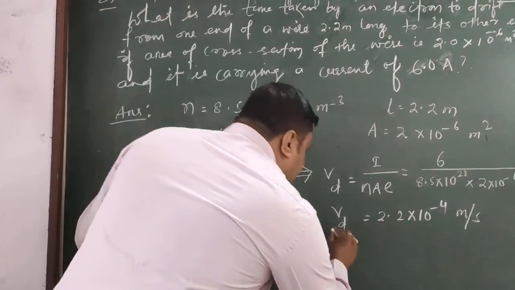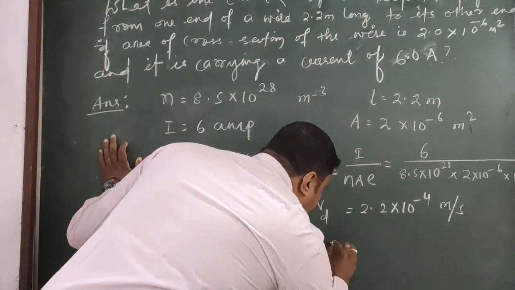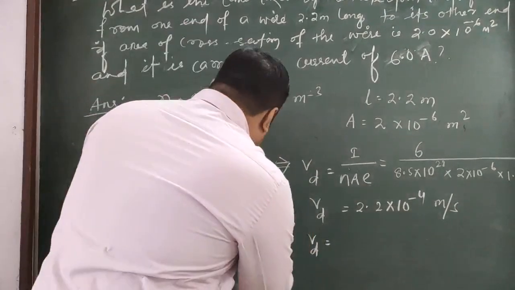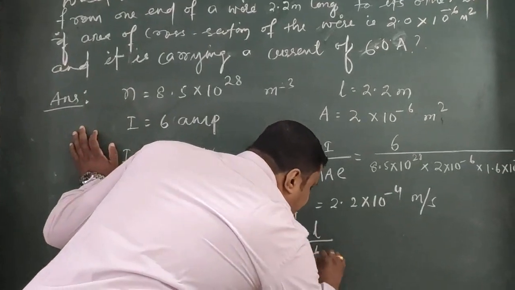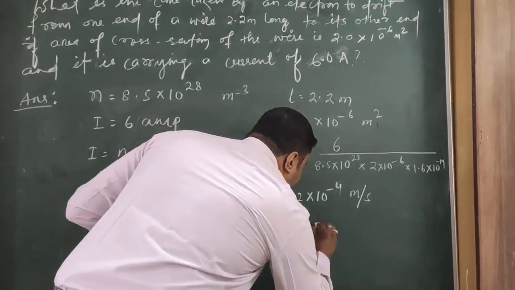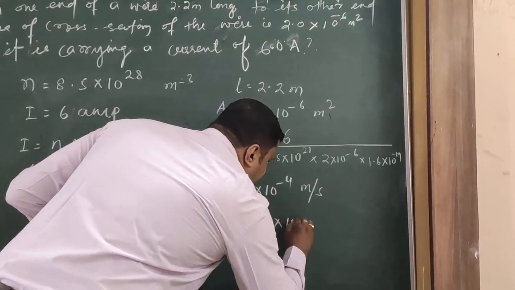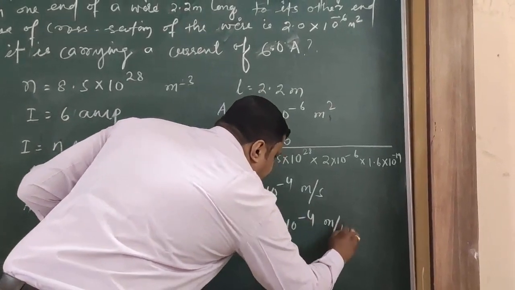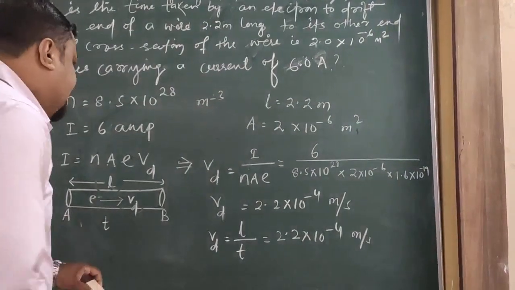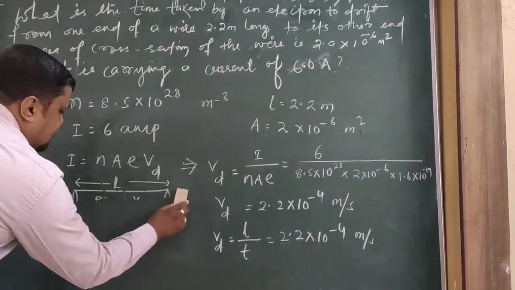As you know, the drift velocity Vd is given by the general formula distance by time, Vd = L/t. This L/t should be equal to 2.2 × 10^-4 meter per second. L is given, so from here you can calculate t.